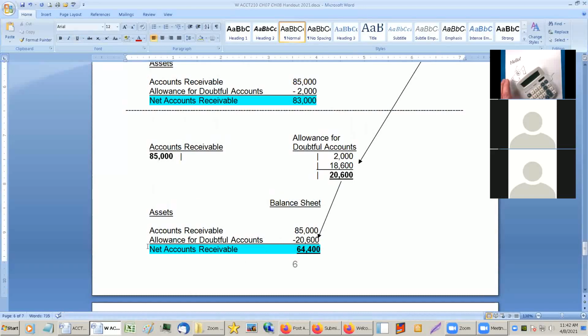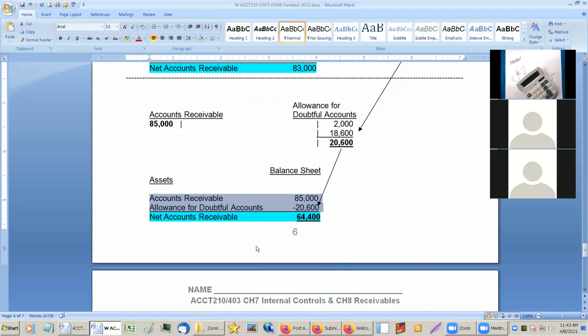Oftentimes you'll have companies that will just put the net accounts receivable. They won't even give you this stuff up here. They'll just say, here's the net accounts receivable.